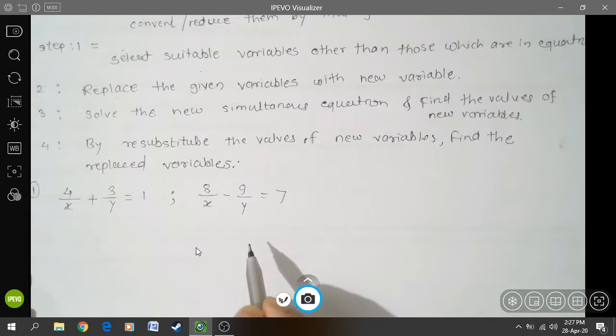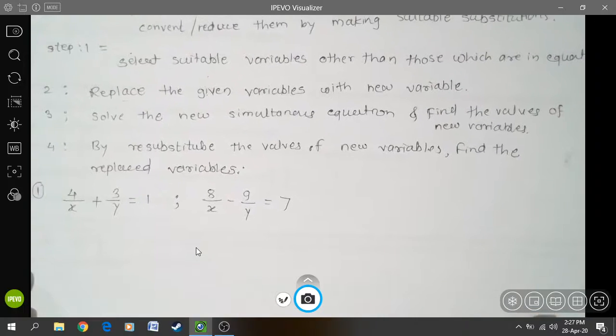So, are these linear in nature? Before substituting, these are not linear equations because they do not contain the degree 1. But we can reduce them to linear equations in two variables.